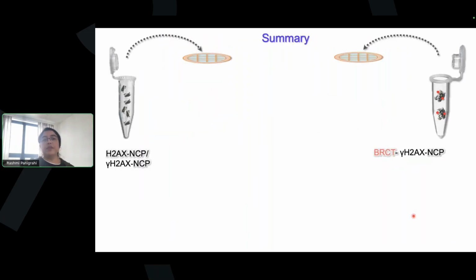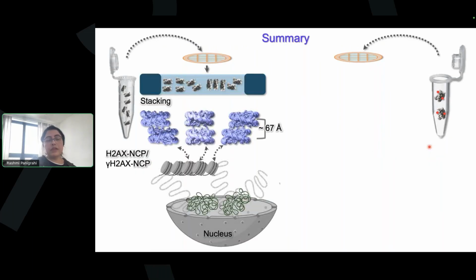So in summary, we purified H2AX-containing nucleosome and also gamma H2AX-containing nucleosome. We also purified a homogeneous preparation of the BRCT gamma H2AX NCP complex. When we applied it on grids, for the nucleosome-only particles, we did see interesting stack structures which have not been reported before.